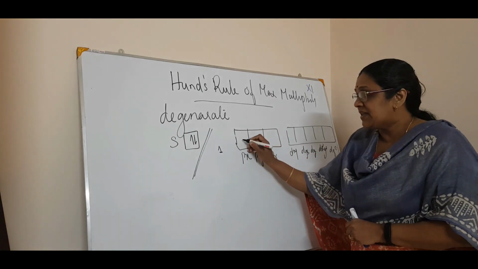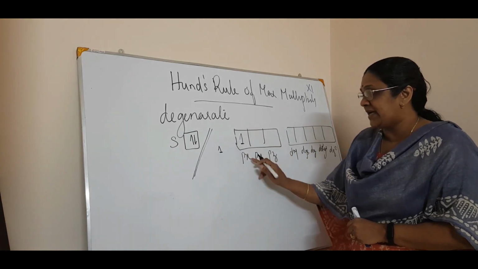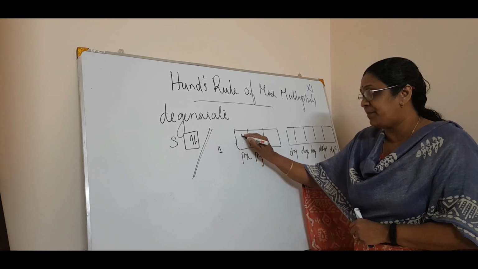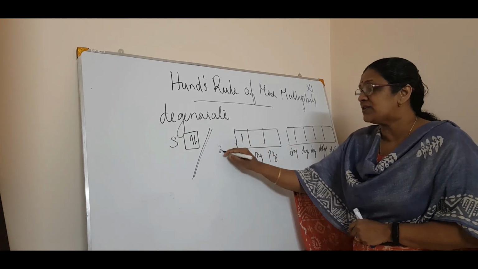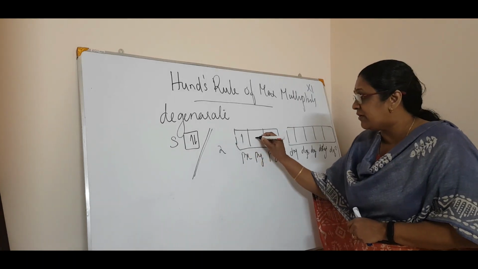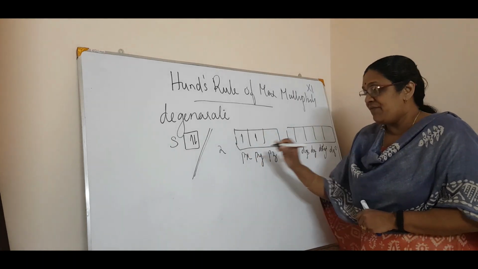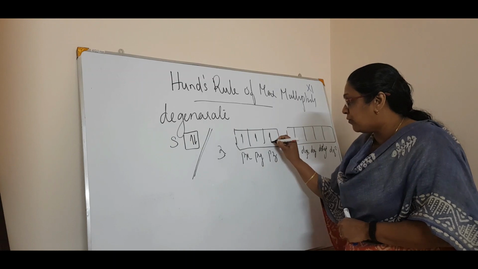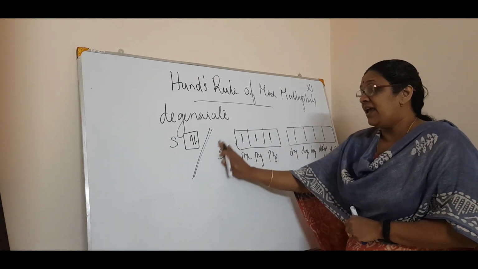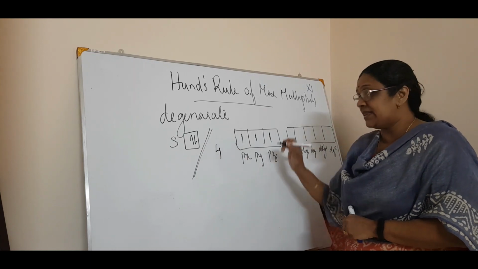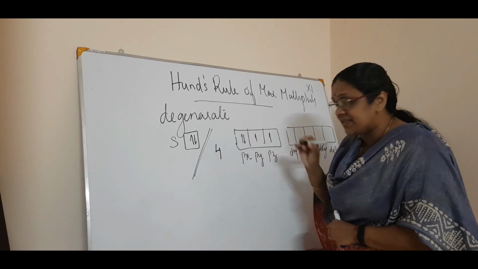Now the one electron will go to px. It can be px, py, pz, anything. If there are 2 electrons, it will go to py. If it is 3 electrons, it will go to pz. Then when the 4th electron comes, the pairing starts like this.